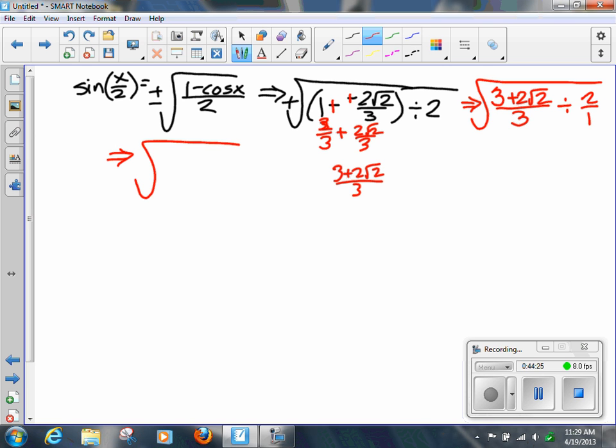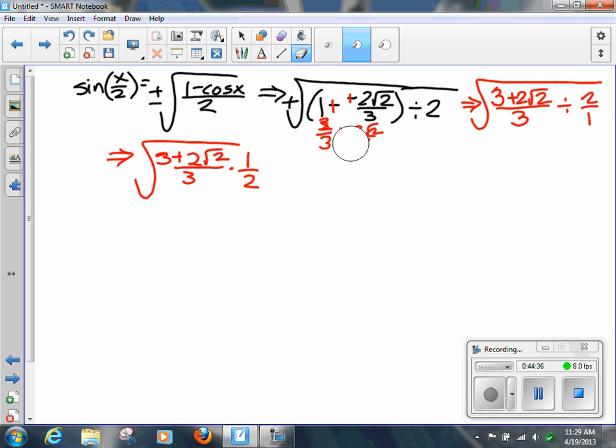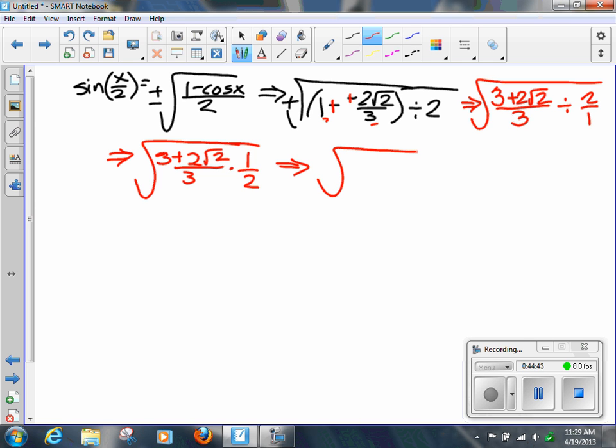I have positive 3 plus 2 root 2 over 3 times 1/2 because I'm multiplying by the reciprocal, yes? That means I'm going to have the square root of 3 plus 2 root 2, all of that over 6. Do you agree? That's what's in the back of the book, and that's why I checked it before.